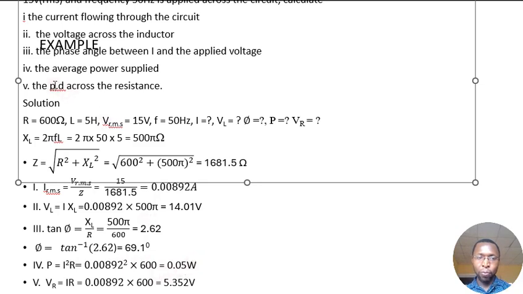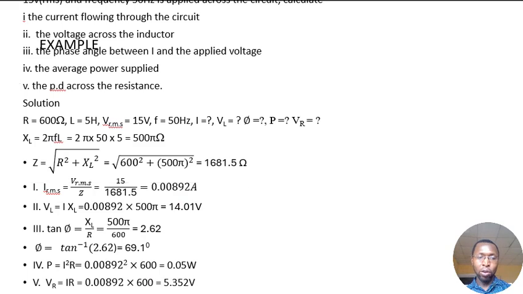The next question says we should find the potential difference across the resistance. Of course, that will be V_R, which is equal to IR. Our I remains the same since they are in series, which is 0.00892, then times R, that will give us 5.35 volts. Okay, so that's it.